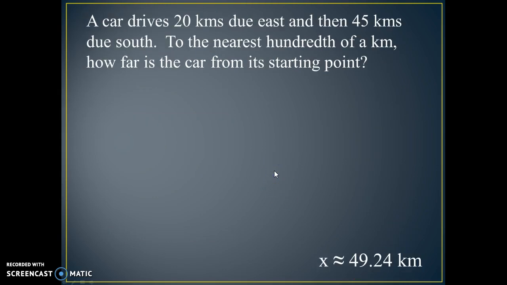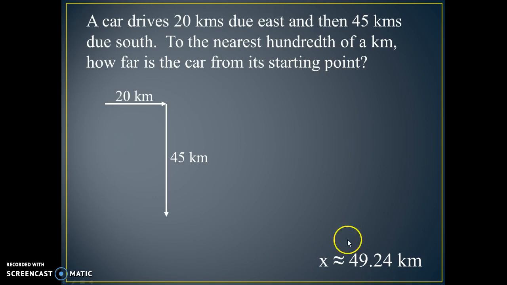Moving on. Typical one here about driving or directions. You have to know a little bit about your cardinal points, north, south, east, west. And so he's going 20 kilometers east, 45 kilometers south, and then they're trying to find out how far he is from the original. Now, yeah, he drove 65 kilometers, but we're talking about as the crow flies directly across.